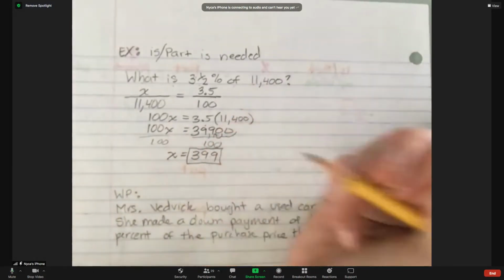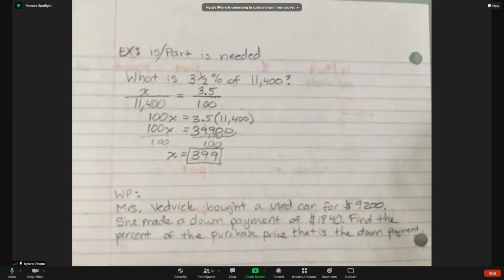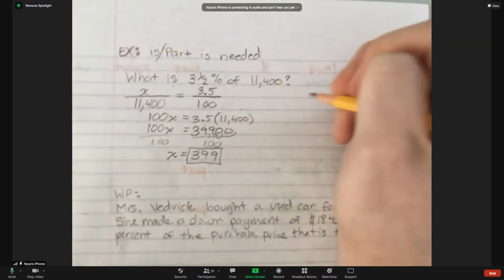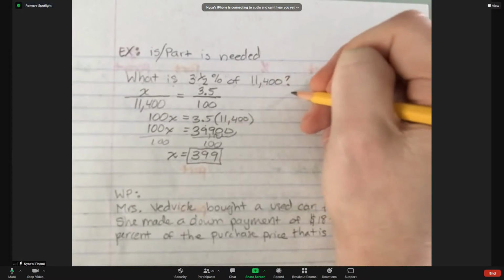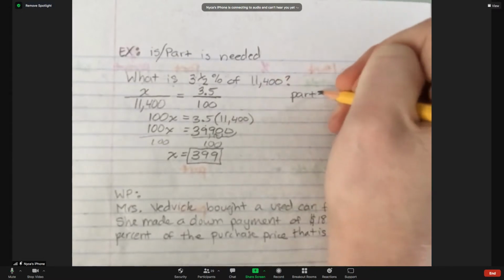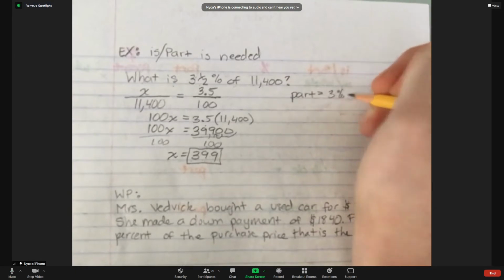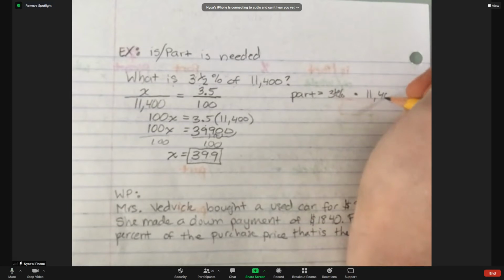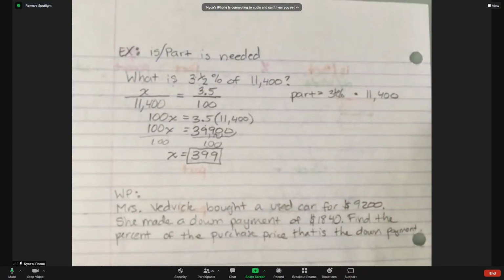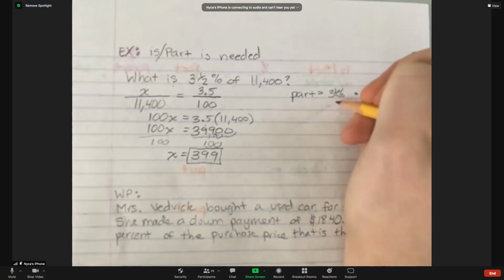That's your answer. Again, if you like the other method with the equations, you would just have your part equals 3.5% of 11,400. The only problem is you cannot put 3.5%. You must convert that to a decimal.